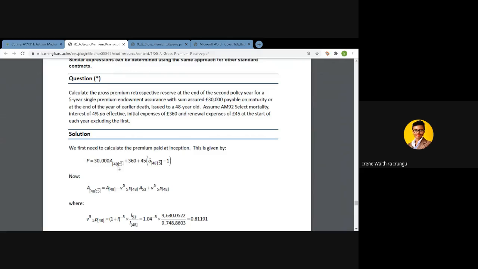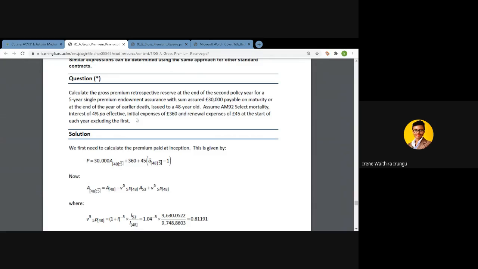And in this case, because we're using select mortality, it means that my 48-year-old insured here is a select life. So that 48 needs to be select. And then my n here becomes the term of the contract, which is, in this case, the 5-year endowment assurance. So that's 5.